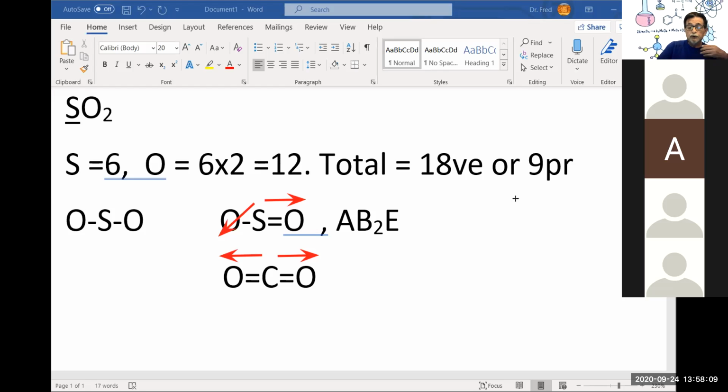As far as polarity, when we do a compare and contrast, the question is, don't confuse the two between being polar and electronegativity.